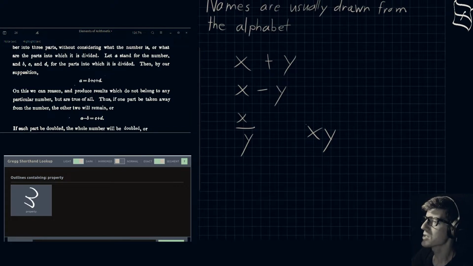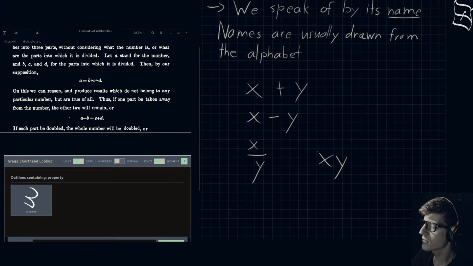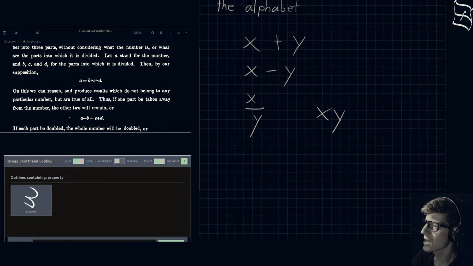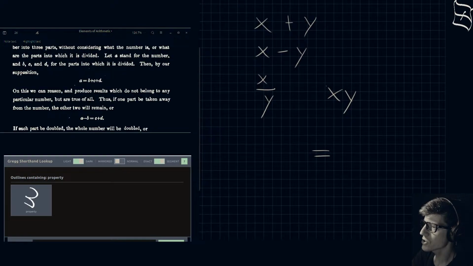Now here's the interesting thing, okay? The one symbol that we haven't discussed yet, we have addition, subtraction, division, and multiplication. The one operation left is comparison. As soon as we drop a comparison symbol, this is still an arithmetic operation, okay?